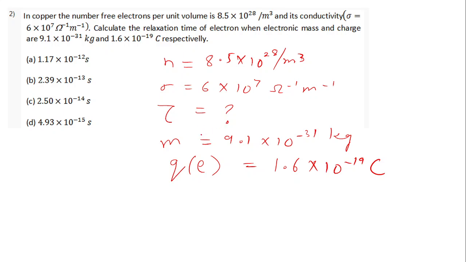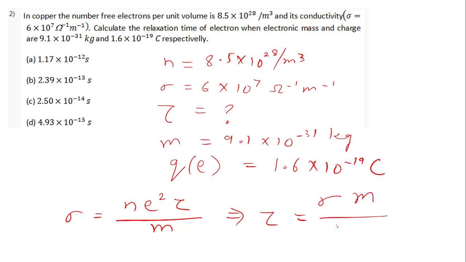In the lecture you must have seen the relation between relaxation time, velocity and these parameters. Conductivity depends on the charge density, the charge on the electron, relaxation time and mass of the electron. Here we need to find the relaxation time, so it will be conductivity times mass divided by n e square. So we'll put in the formula.